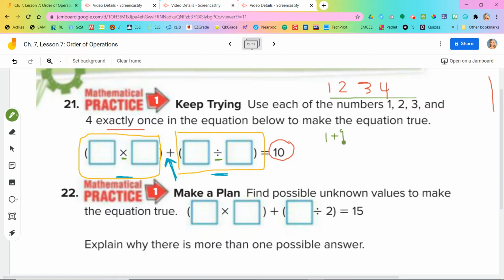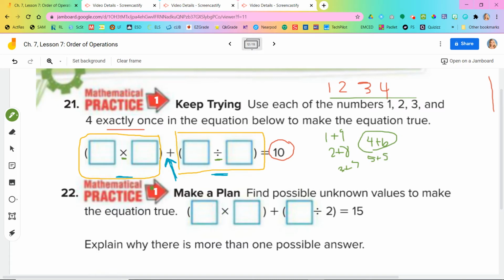I could do 1 plus 9, 2 plus 8, 3 plus 7, 4 plus 6, 5 plus 5. All of these were mentioned, but Lakin mentioned this combo first.